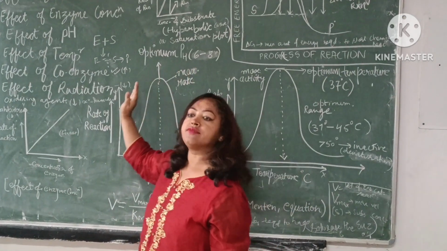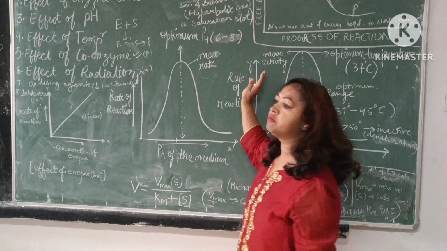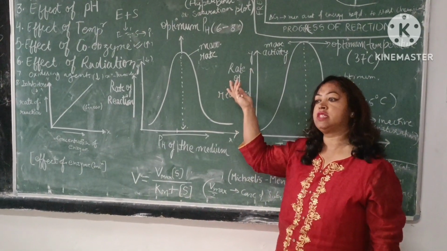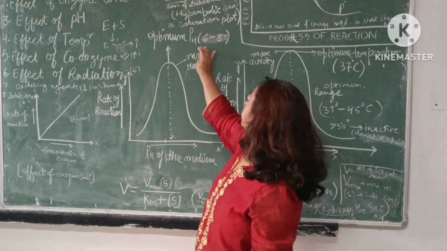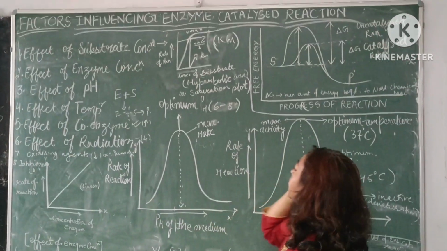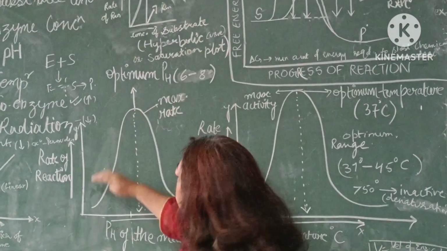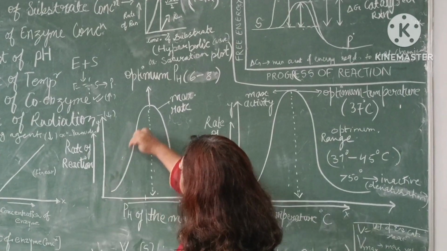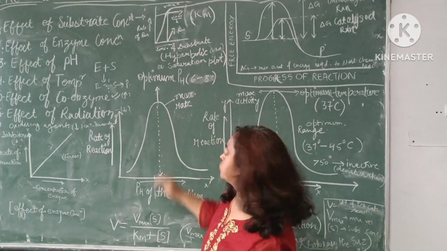We have some enzymes which act at acidic pH also. We have some enzymes which act in the alkaline pH range also. But mostly enzymes act in this pH range, around 6 to 8. That's why we have termed it the optimum pH. That means we have the maximum activity in this pH range.